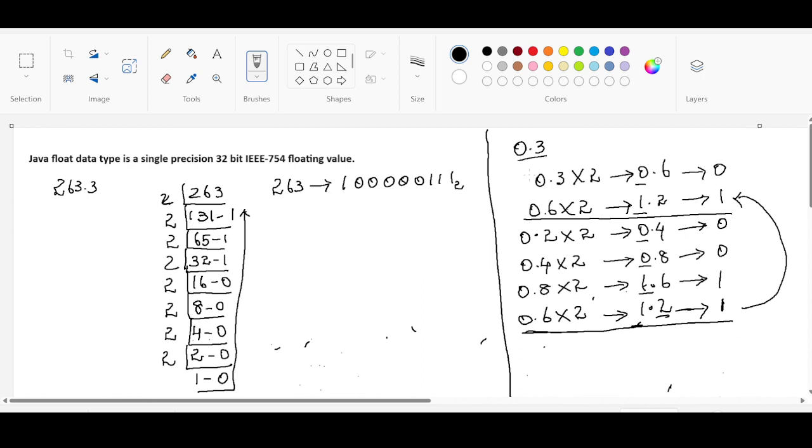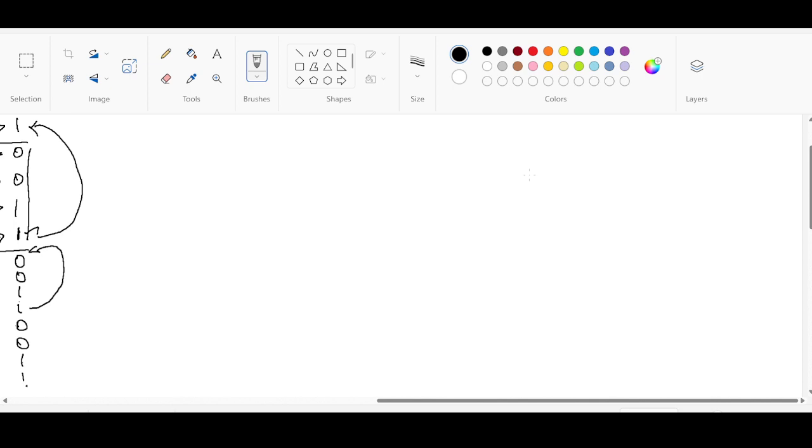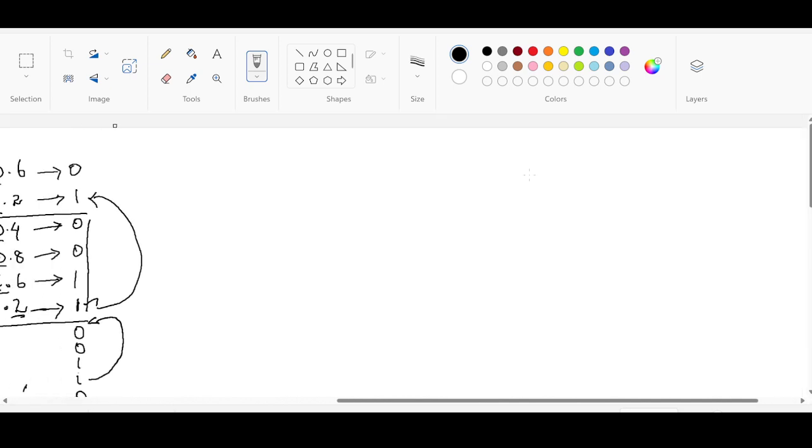Even if I make consecutive calculations by multiplying by 2, I'm going to get the same digits, 0 0 1 1, and again it is going to get repeated, 0 0 1 1, and it keeps going like that, isn't it?